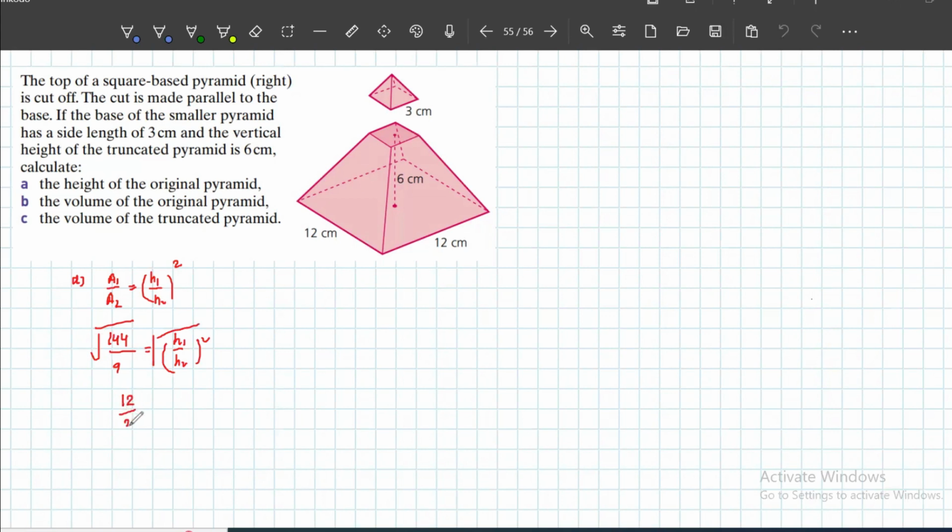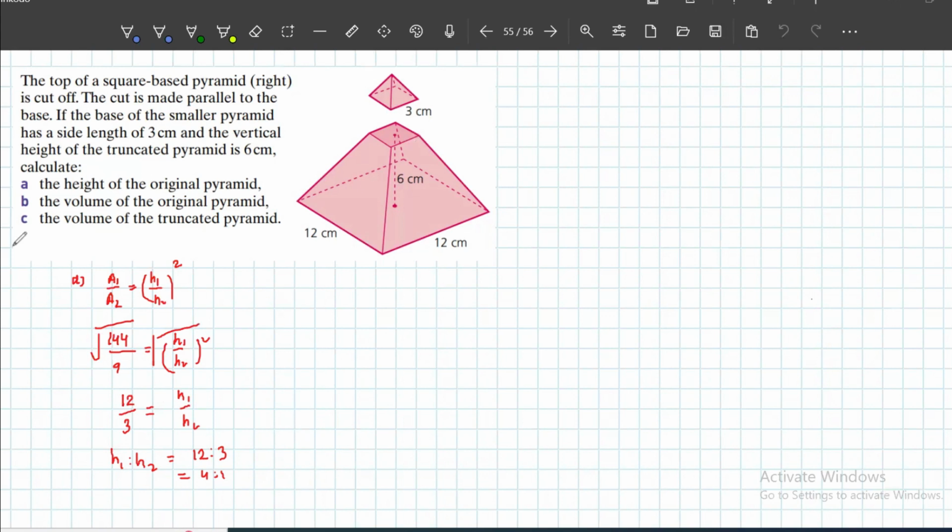Of course we will get 12 over 3, which is h1 over h2. So the ratio h1 to h2 gives us 12 to 3, or 4 to 1. This means for the bigger side to the smaller side, we have the ratio 4 to 1, and that will help you.